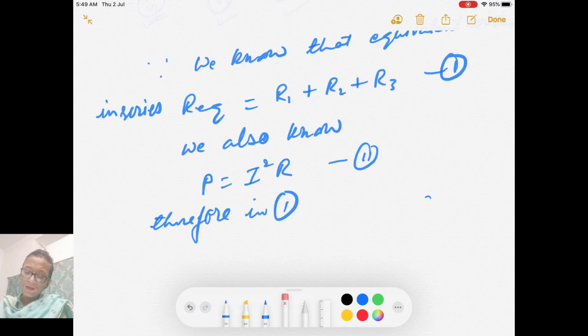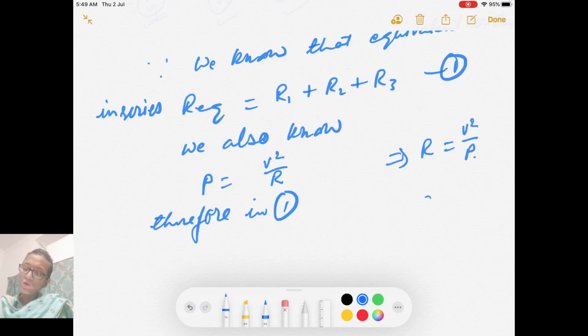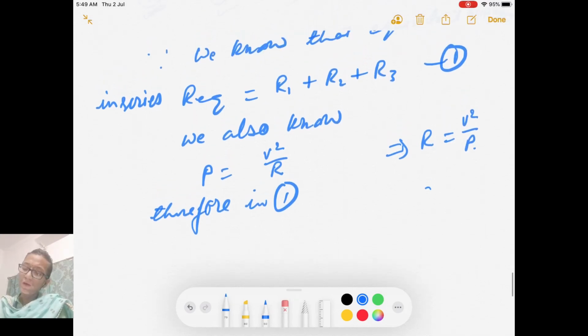So let me change this. We also know that power is equal to V square upon R. It implies that R is equal to V square upon P. So in place of R, we will be writing all these things.